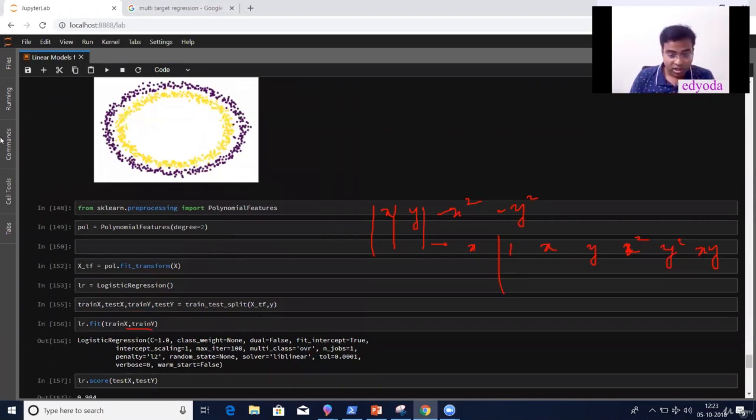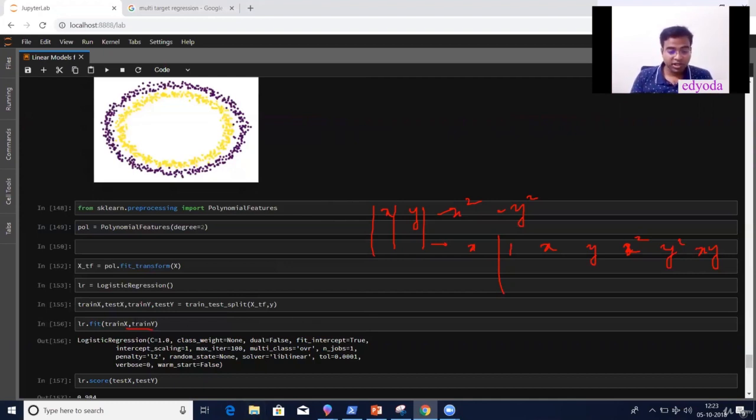In this process, let's dig deeper into this API, train_test_split. What are we doing here? We are splitting the data into two parts: training data and testing data. You want to train the model with one chunk of data, and if the model that is trained is good, it will work very well with the target data.